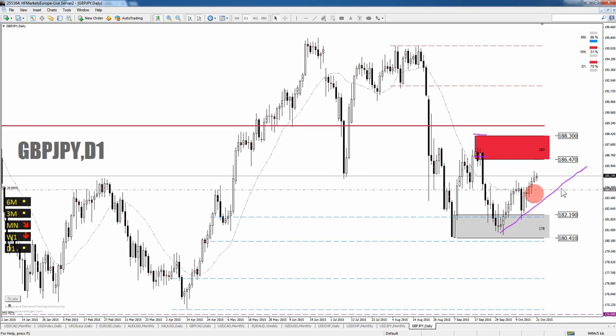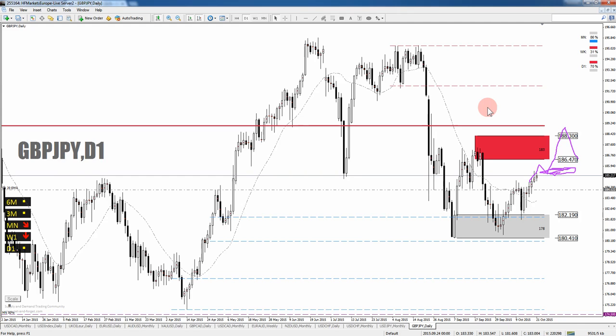Price is in the middle. So what can we do? Your bias is long as of now, but you need to wait. So, if-then scenario. Tell me an if-then scenario, James, for example. If this breaks there, then I'm looking to buy on demand here.